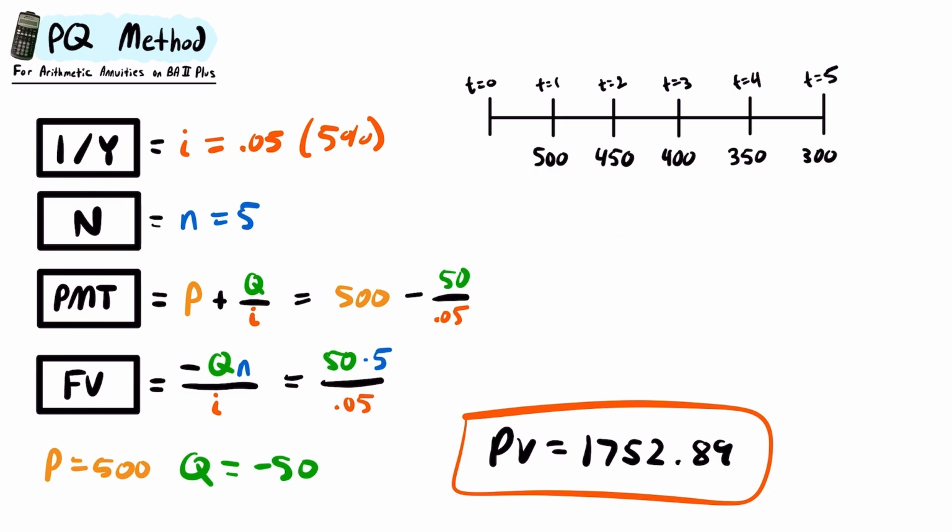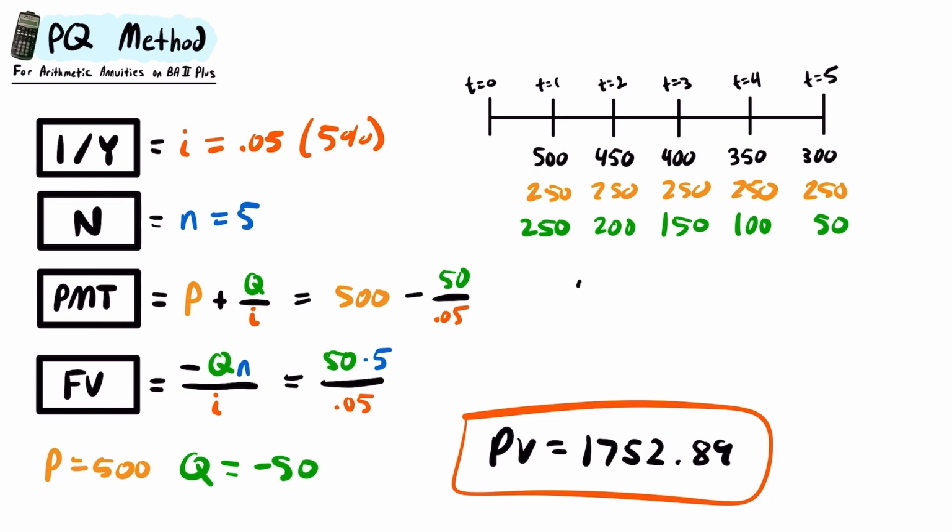Okay, and as a comparison, using the other method, you would want to split up these payments. Splitting them up would look like this. You'd have a level series of payments of $250 at each period. So that would look like this. And then you'd have an arithmetic decreasing series of payments where the final payment is 50. So then adding 50 to go backwards, you have 100 here, 150 here, 200 here, and 250 there.